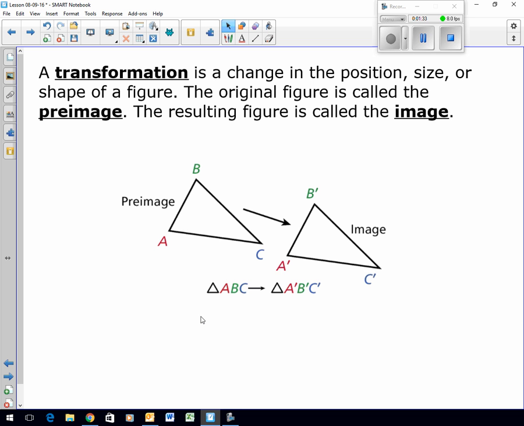So when you do a transformation from A, B, and C to A prime, B prime, C prime. Or you could go X, Y, Z to X prime, Y prime, Z prime. Or you can do three or four of them at a time. A double prime, C double prime, D triple prime. We're not really going to do that, but it's out there.